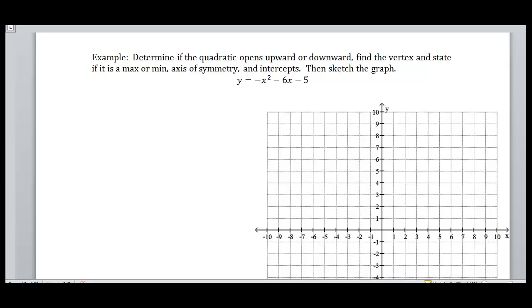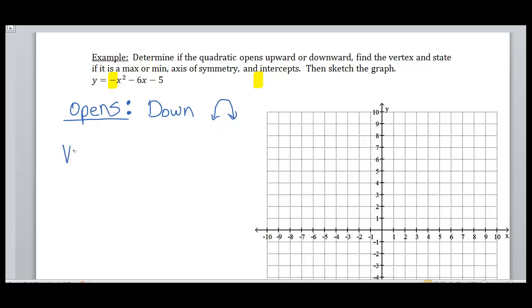The first thing I'm going to determine is how my graph opens. Remember, to find out how it opens, you always look at your leading term, which is that negative x squared here. Since it is negative, I know that my graph is going to open down. So when I draw my graph, it's going to look something like that.